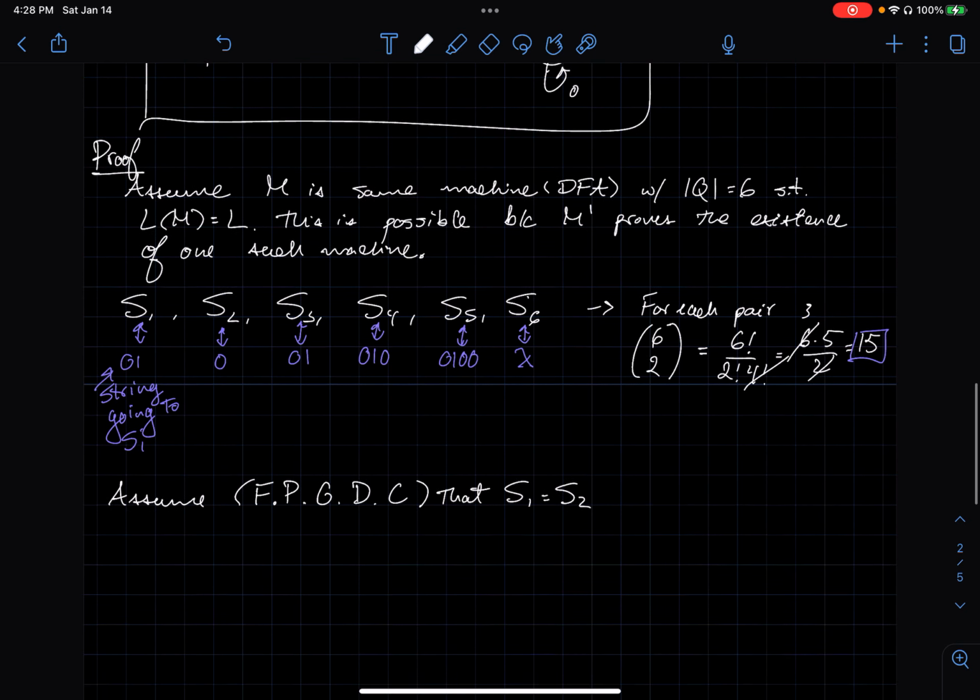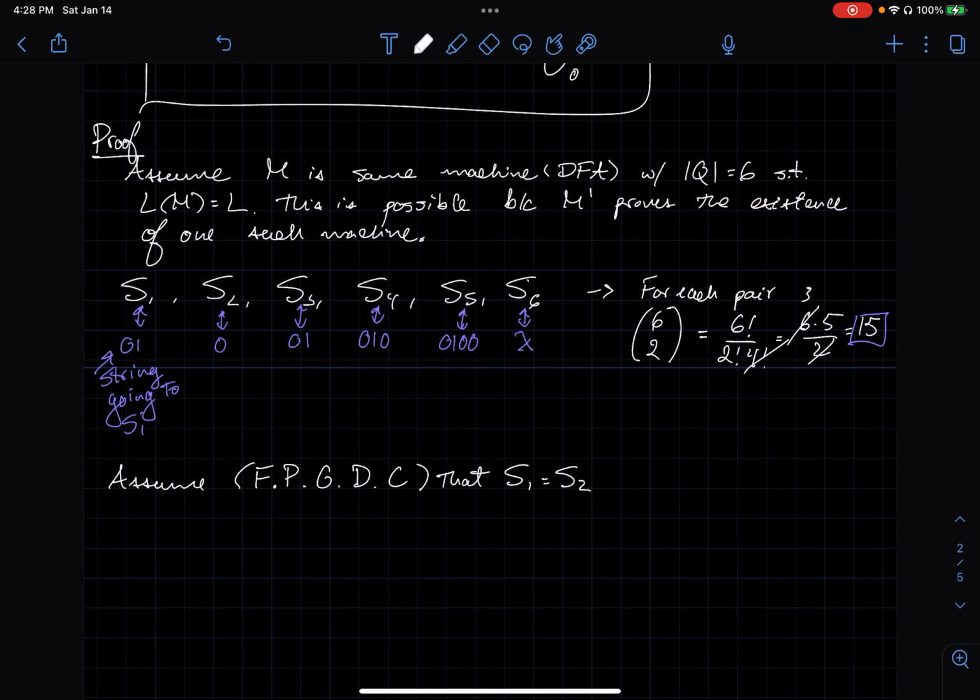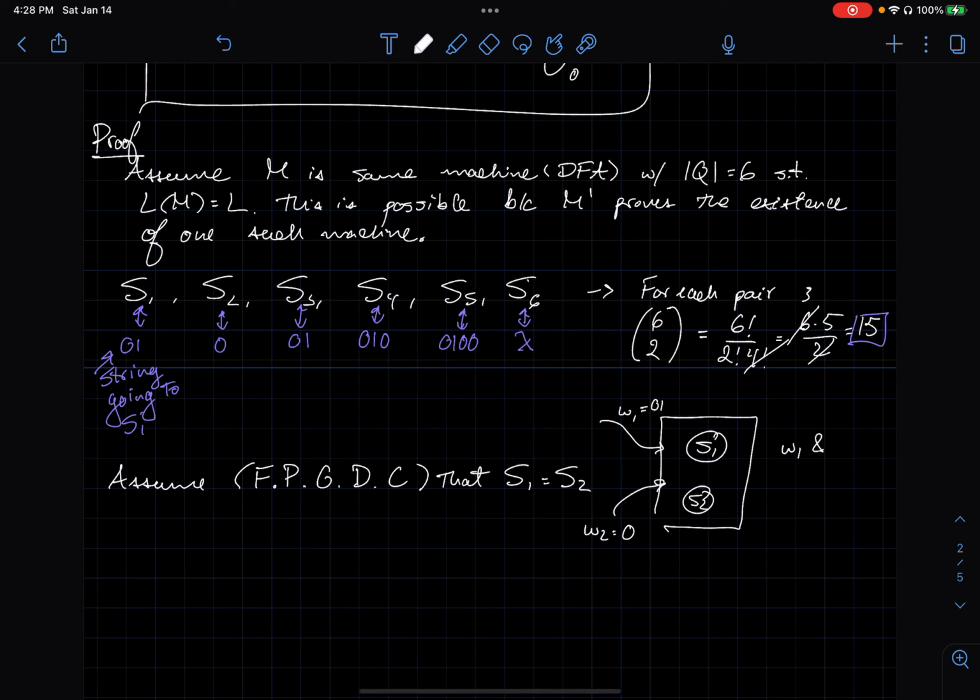What that means is that in my arbitrary machine M, I have the state S1 and the state S2, and now these two states have been merged together. What that means is that the string W1, which is equal to 0, 1, and the string W2, which is equal to 0, both of these strings go to the same state.